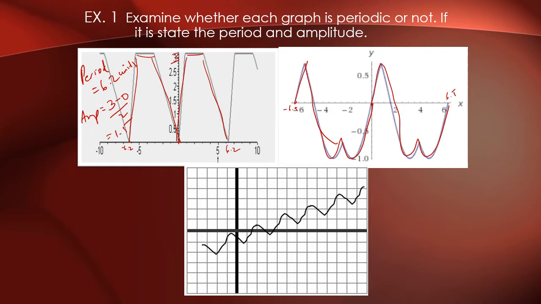And again, it takes 6.5 units. And we'll say that goes as low as -1 and as high as 0.7. Our period, how long does it take to complete one cycle? We'll say 6.5 units.